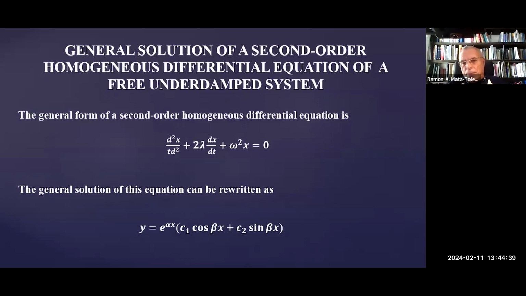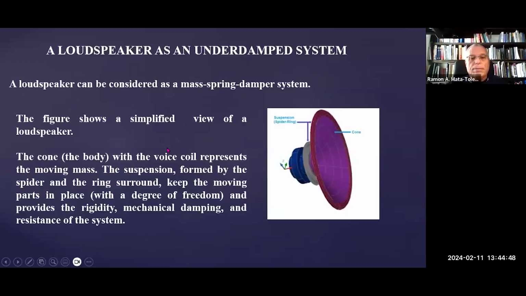When we apply that general solution to the underdamped system, we're going to obtain, as I said before, we're going to apply this speaker. Here you can see the simplified view of what it's allowed to speak.